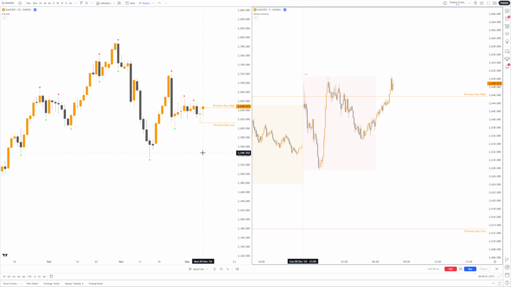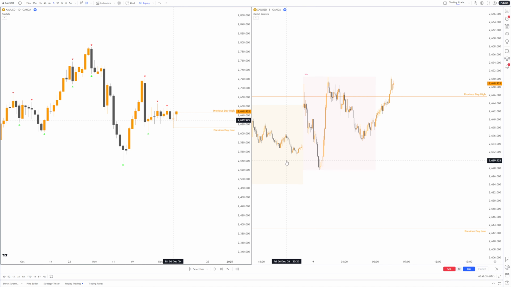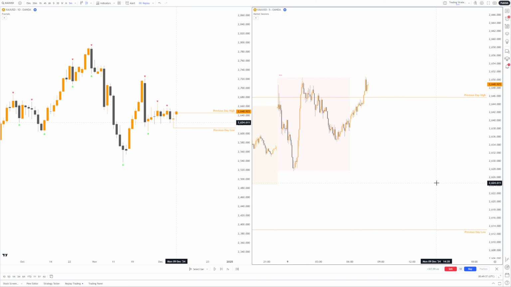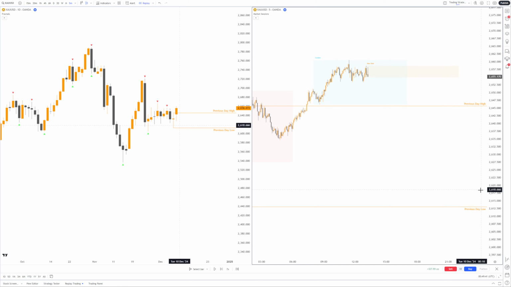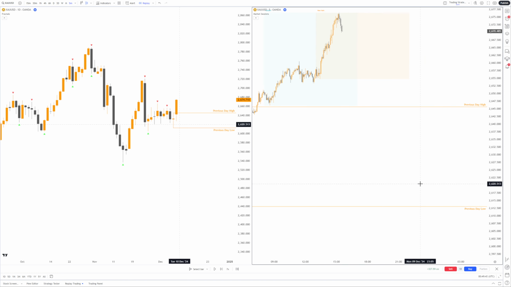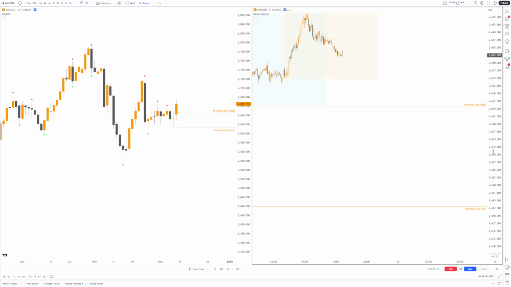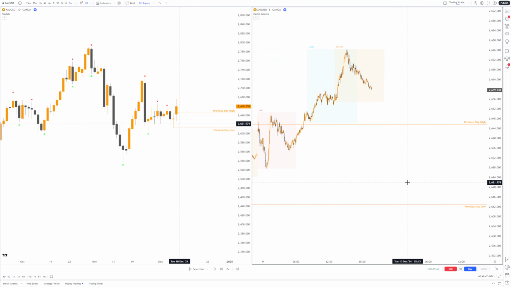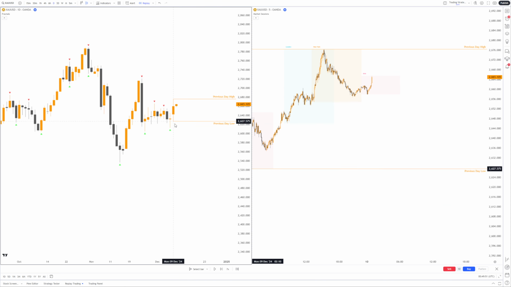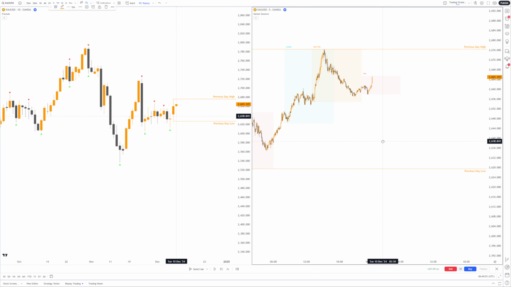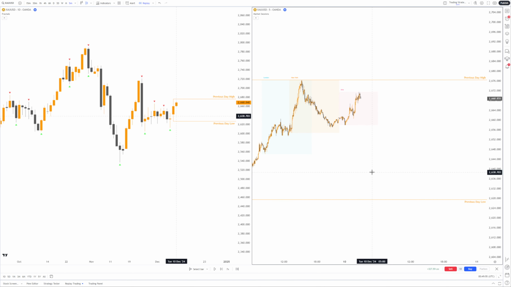So as of now, we are at the 9th of December and still waiting to have a good profitable day. Let's take it again. Let's see what happens.